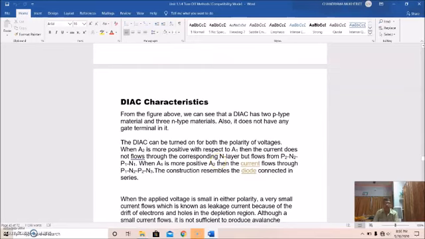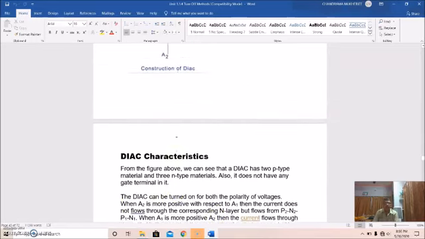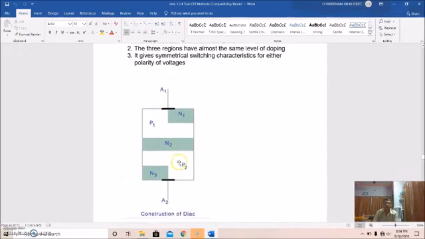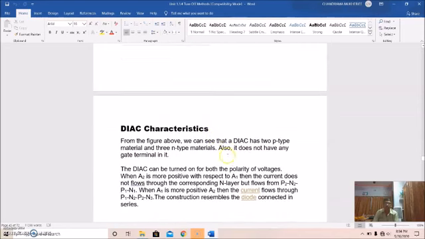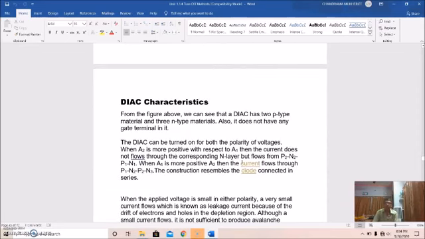Its characteristics. A DIAC has two p-type materials and three n-type materials, N1, N2, and N3. It does not have any gate terminal, of course. So it can be turned on for both polarities of voltages.